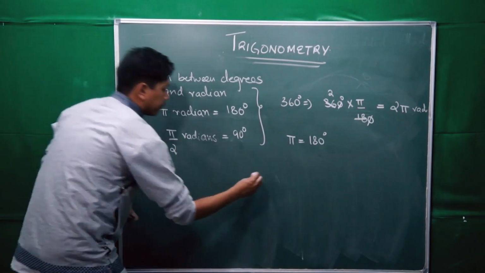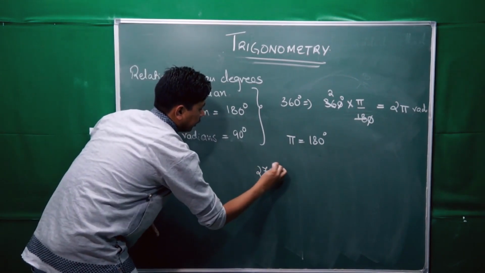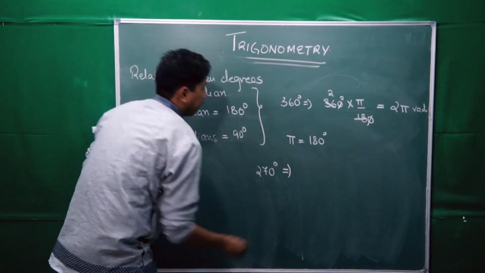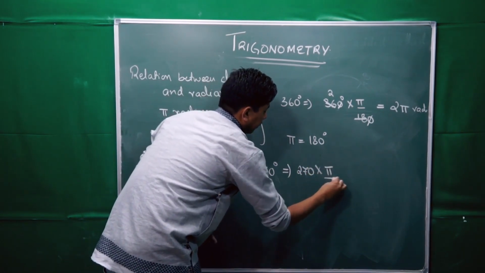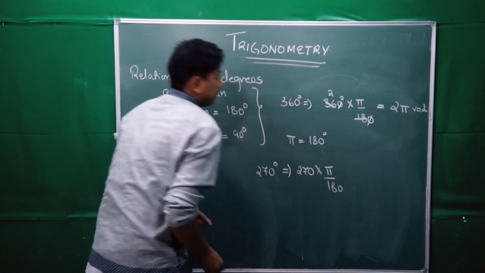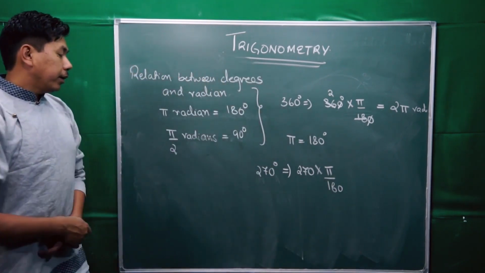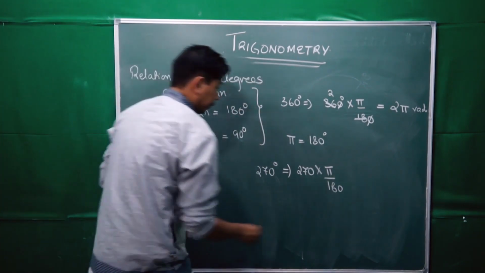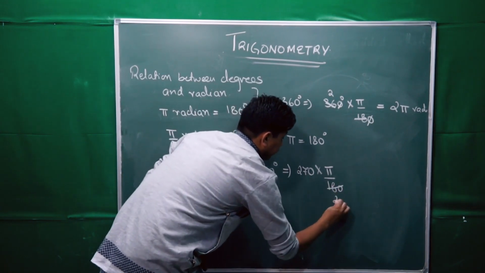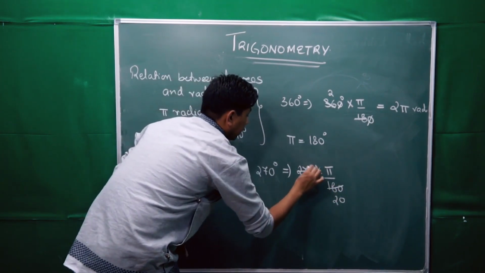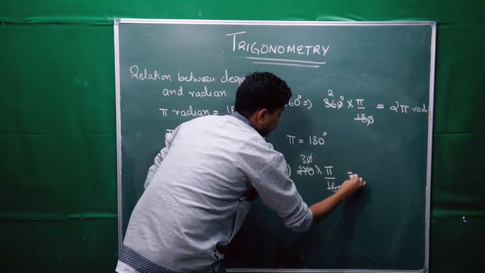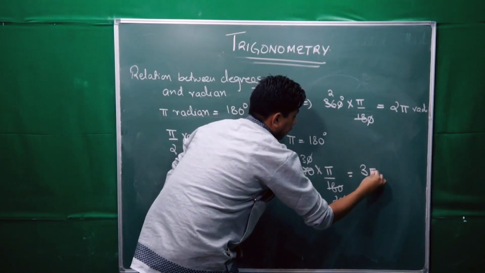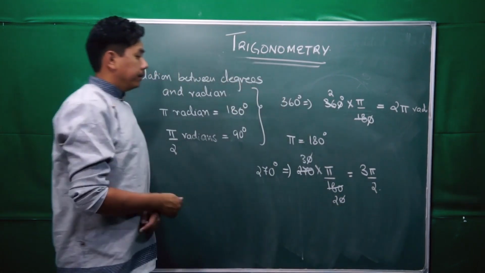Similarly for 270 degree, to convert it into radians, we have 270 degree into pi by 180. If you divide it, 27 by 18, 0 and 0 cancel, so you are going to get 3 pi by 2.